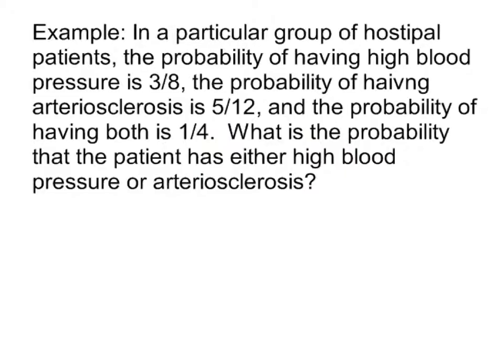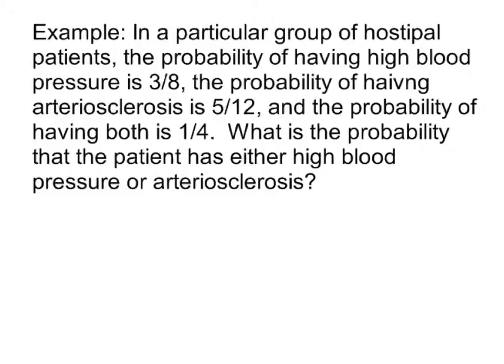For this example, consider a particular group of hospital patients. The probability of having high blood pressure is 3 out of 8. The probability of having arteriosclerosis is 5 out of 12. And the probability of having both is 1 out of 4. What is the probability that the patient has either high blood pressure or arteriosclerosis?